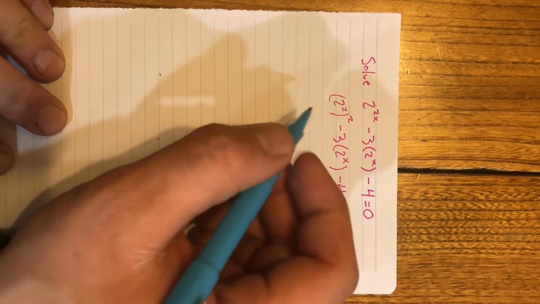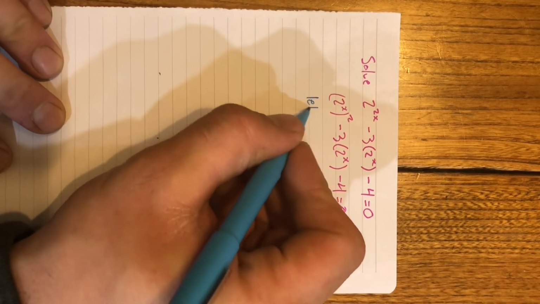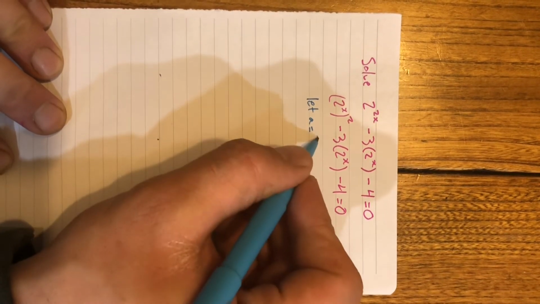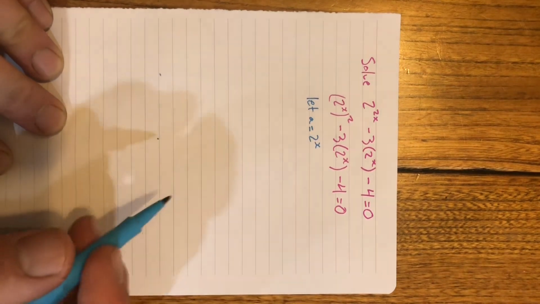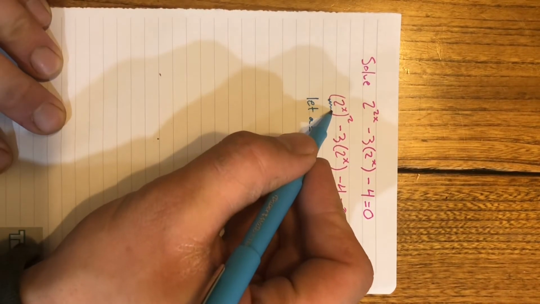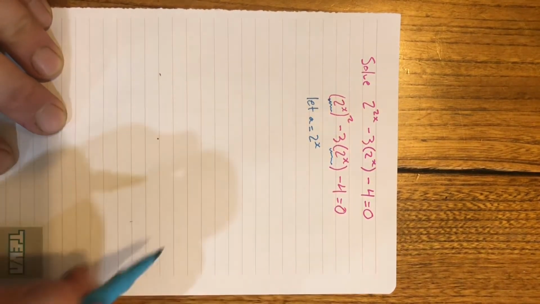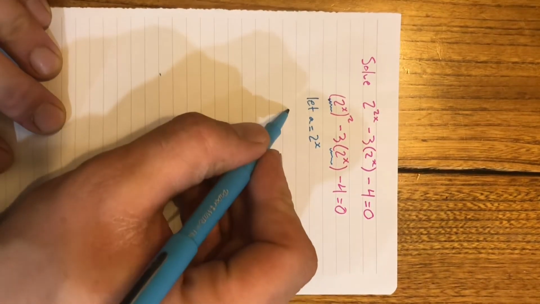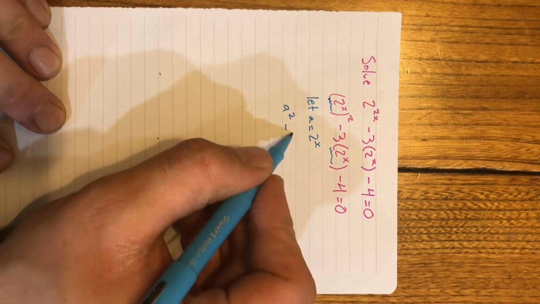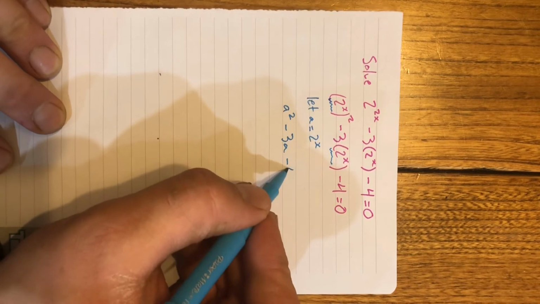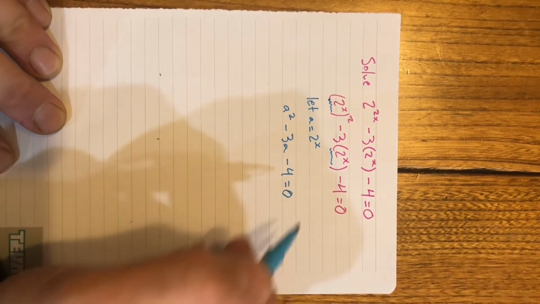And you may recall seeing things like let a equal 2 to the power x. So now I have a 2 to the power x there and a 2 to the power x there. And if I rewrite this, this becomes a squared minus 3a minus 4 equals 0.